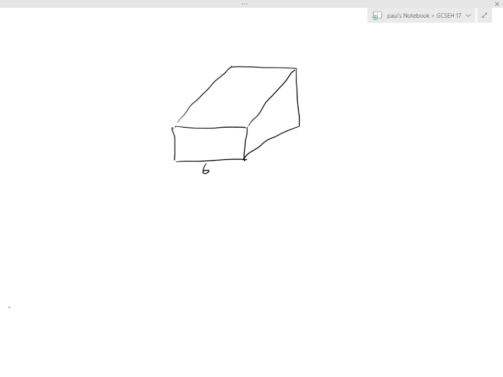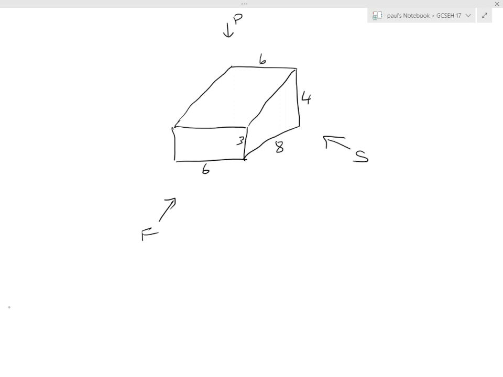So I'll put some numbers on here to try and make it a little bit more realistic. Now, because this is a regular old shape, the assumption is that that's a 6. We don't need to know this one. So that's the plan. Here's the front elevation, and here's the side elevation.